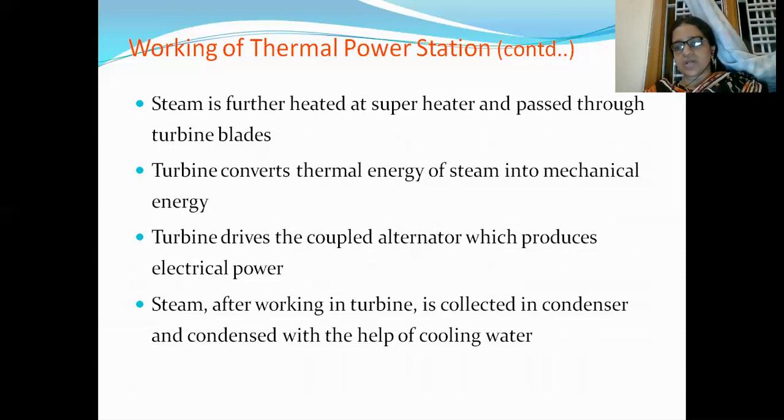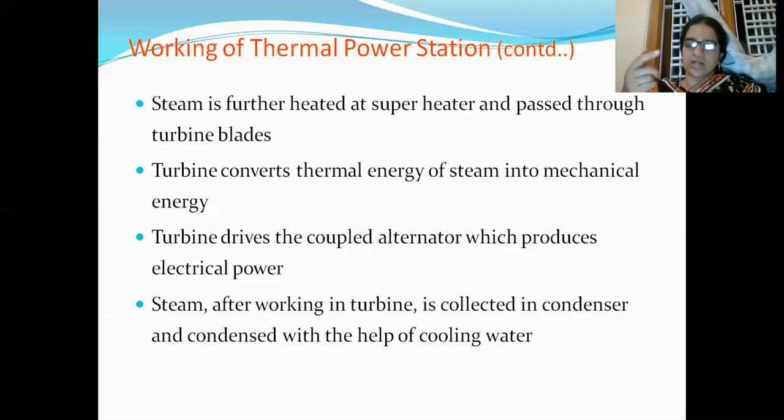Coming to the working of the thermal power station: steam is further heated at the superheater and passed through the turbine blades. Water has already been converted into vapor, or steam. The temperature of this steam is increased again, and it is allowed to pass through the blades of the turbine.